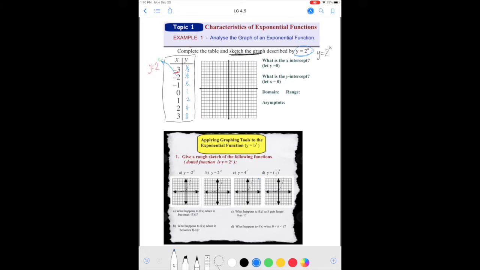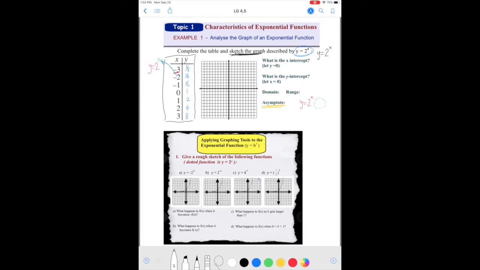So now let's sketch this graph. Before I sketch the graph, I'm going to put in the asymptote, because the asymptote right here is very important when you're doing these kinds of functions. So if we look at this function, y equals 2 to the power of x, there is nothing out there.